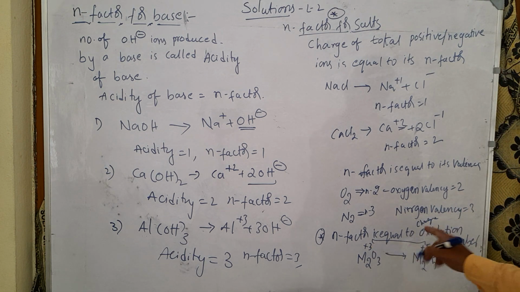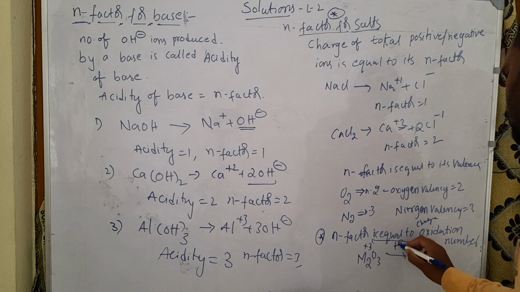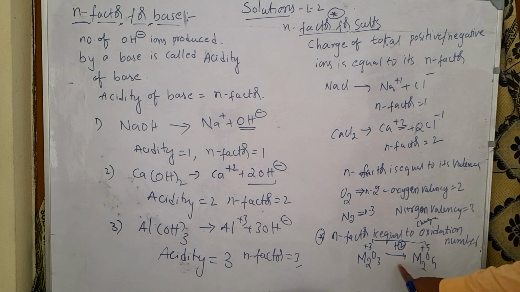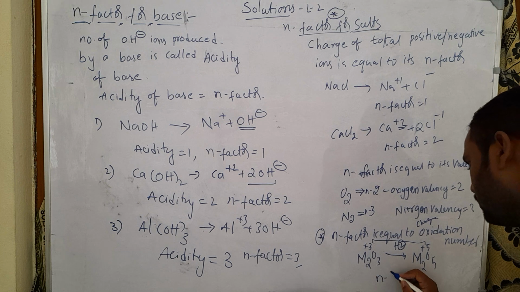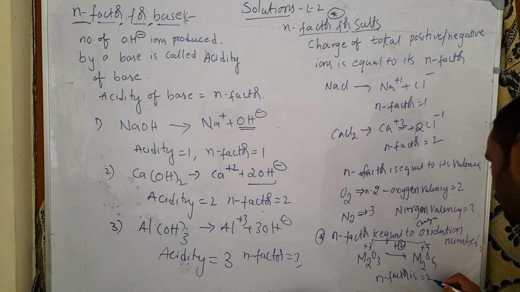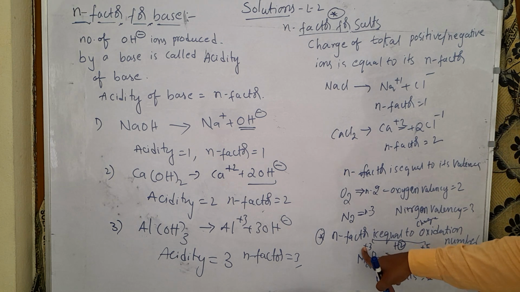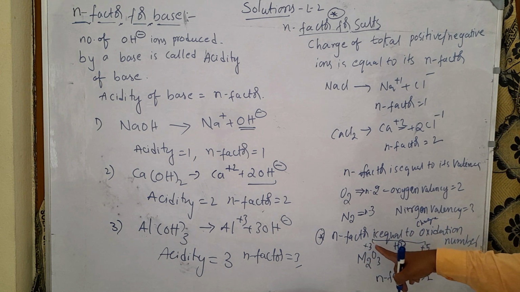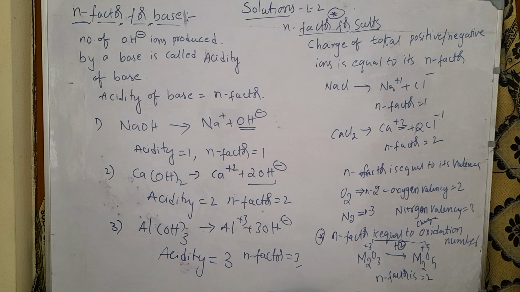How many electrons are changing? 2 electrons are changing. Hence the N factor is 2, because the oxidation number changes from plus 3 to plus 5, that is, by losing 2 electrons. The change in the number of electrons can also be taken as the N factor. This is about N factor.